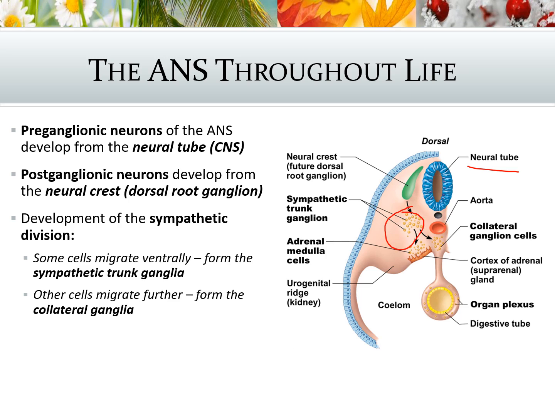And then some are going to migrate even further to become the collateral ganglia. So essentially we have these ganglia in the autonomic nervous system, and they're all ultimately coming from that neural crest, which we said was going to develop just into the dorsal root ganglion, but we also are going to develop these other ganglia as well.